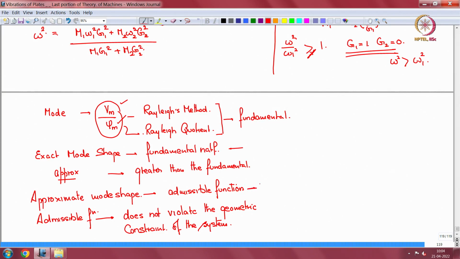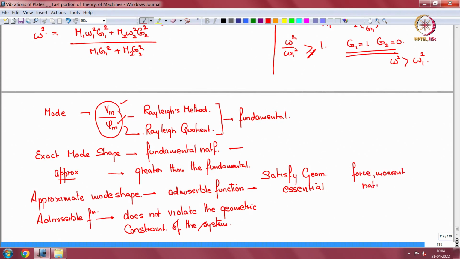What is admissible? They satisfy the geometric boundary conditions, the displacement boundary conditions, which are called the essential boundary conditions, whereas the force type, force and moment, are called natural boundary conditions.